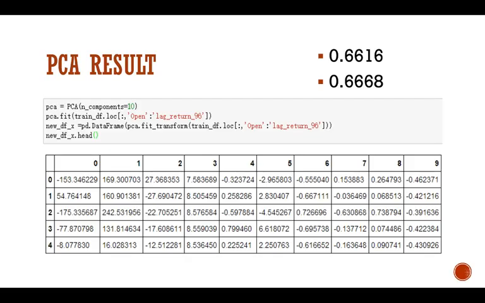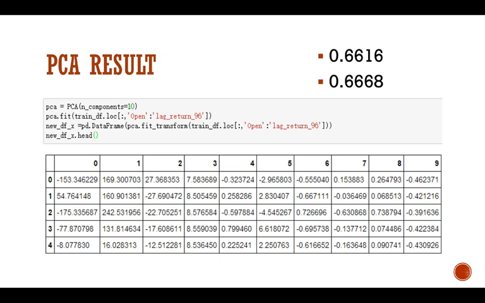Hence, we imported PCA from sklearn decomposition and treated all the predictors from open to lag return 96 into 10 principal components. Then our team split the dataset of components and the dataset of results into train sets and test sets, respectively. Then we applied a logistic regression on the train sets.